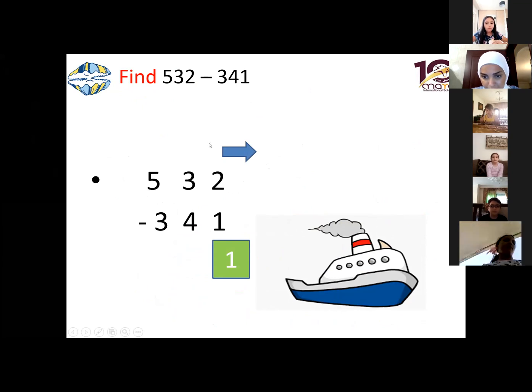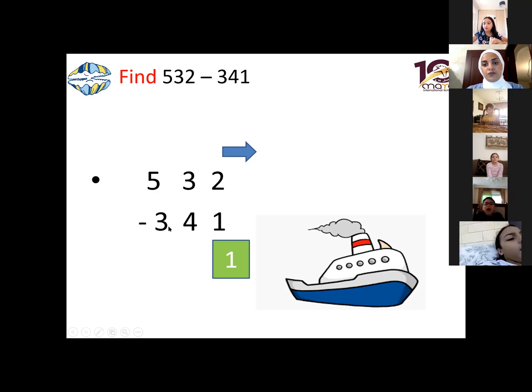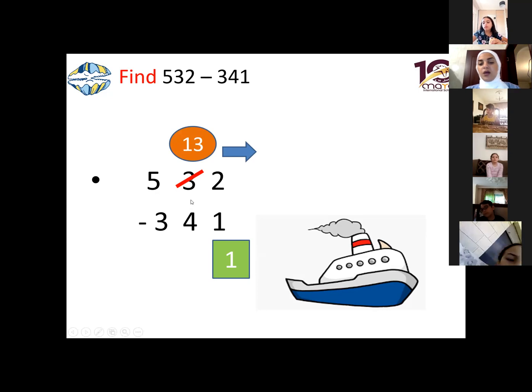The 3 will knock on the door of the 5 and ask if I can get 10, and it will give it, and add 13 minus 4 equals 9. 13 minus 4 is? 9.